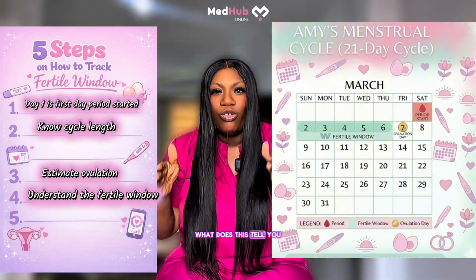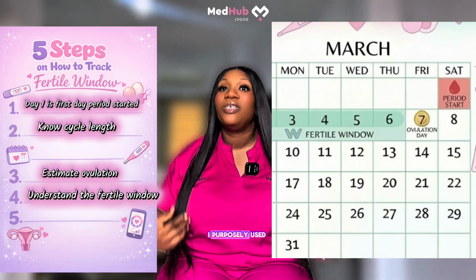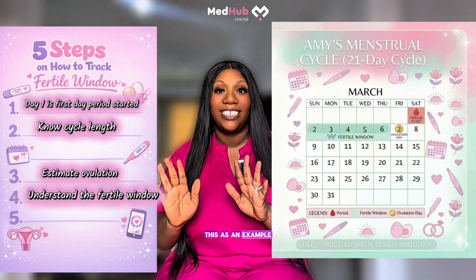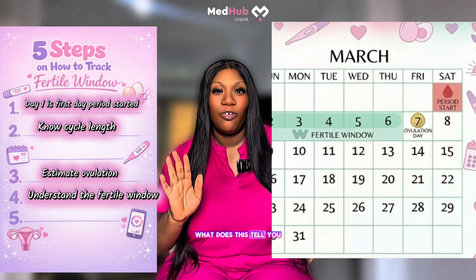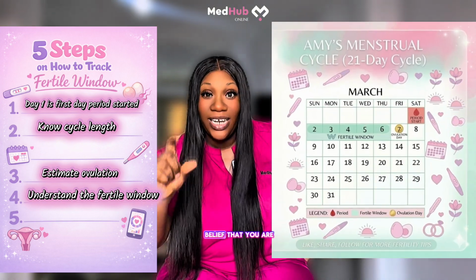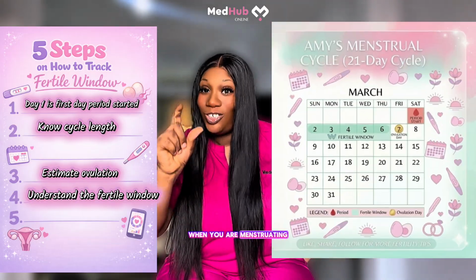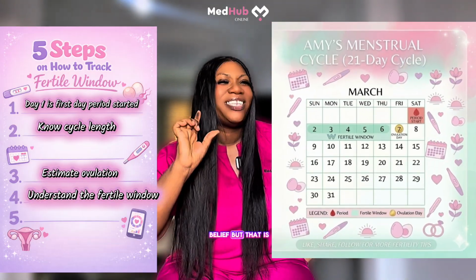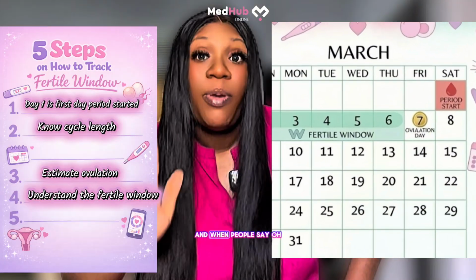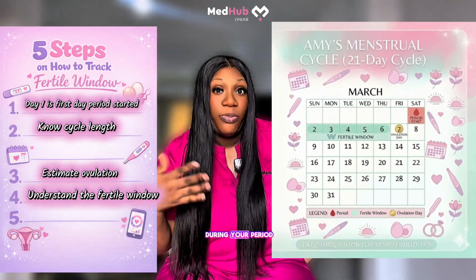What does this tell you? I purposely used this as an example. It is a popular belief that you are not fertile during your period when you are menstruating. That is a popular belief, but that is not true. And when people say, oh, you can get pregnant during your period, but it's rare.